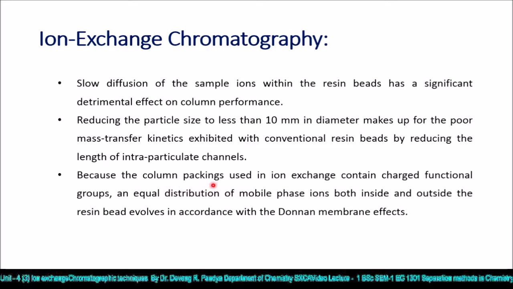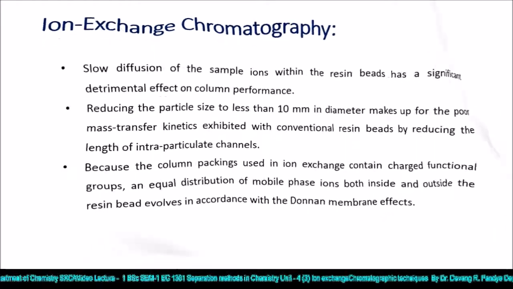Because the column packings used in ion exchange contain charged functional groups, an unequal distribution of mobile phase ions both inside and outside the resin bead evolves in accordance with the Donnan membrane effect.